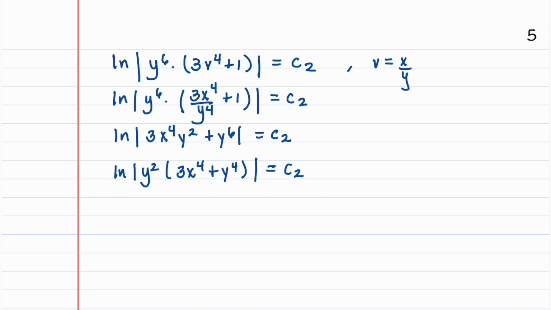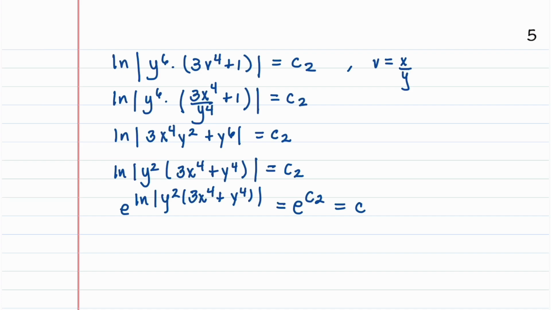Now we want to eliminate our natural log, so we're going to exponentiate each side of the equation. On the left, we get e to the natural log of y squared times (3x to the 4th plus y to the 4th). And on the right, we get e to the c2, and we're going to call that c.